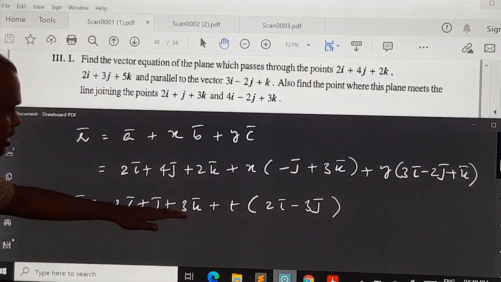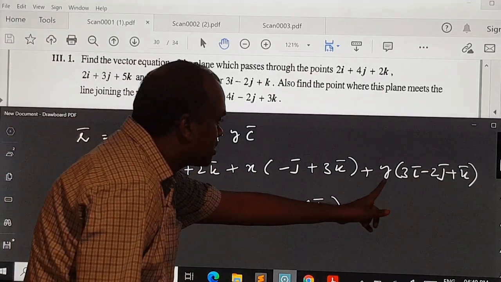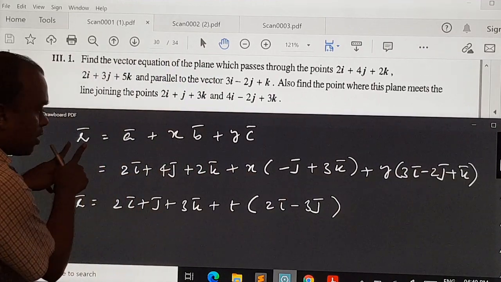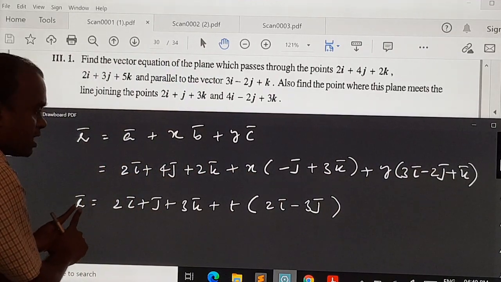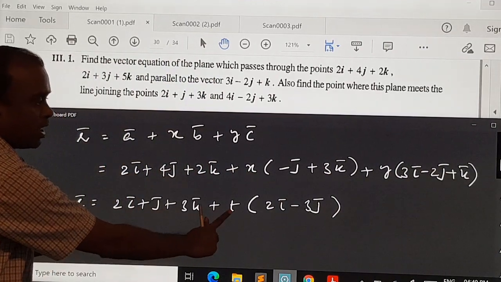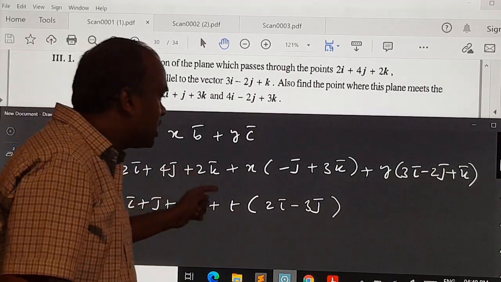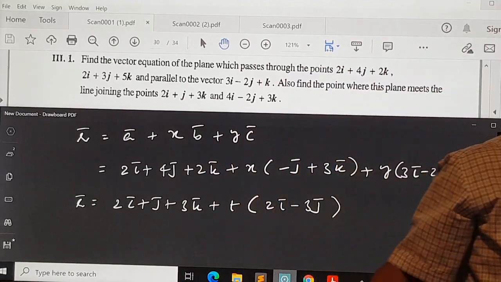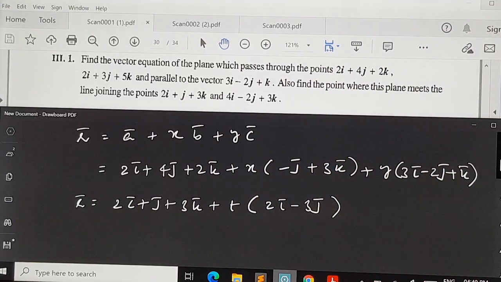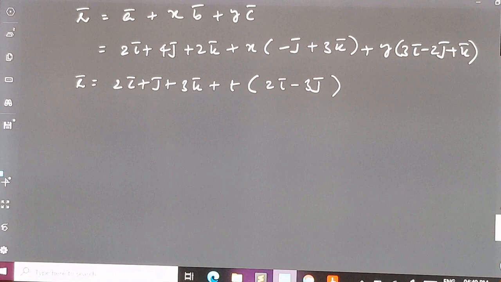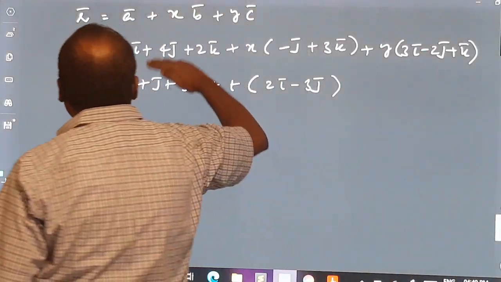That means for some values of x and y, whatever point you get over here should be the same as this point for some other value of t. So I am assuming these two are equal. If these two are equal, the corresponding components are equal. So for the point of intersection, these two are the same.